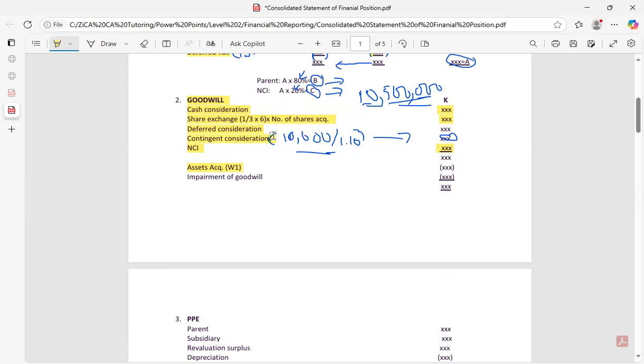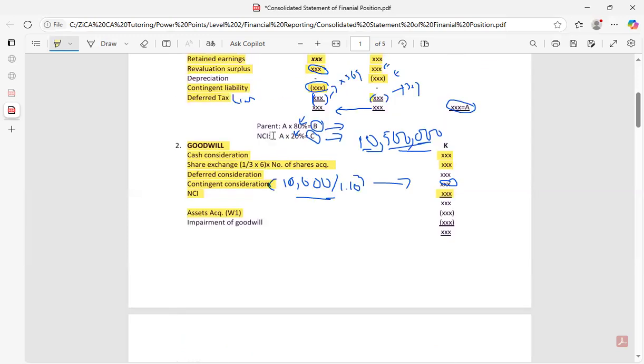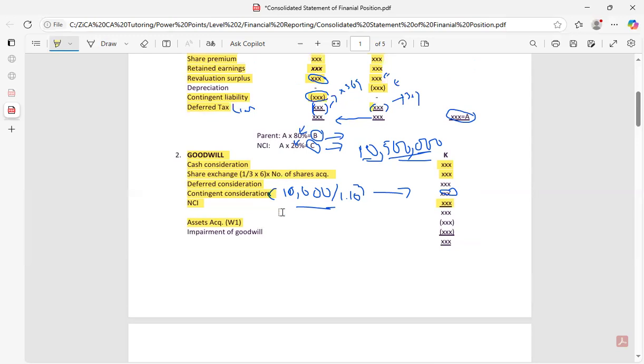There's what we call the full goodwill, right? Then there's also what we call the partial goodwill, or maybe the asset-based approach. So the full goodwill, which is the fair value approach, this is where you get the share price for the subsidiary, and then you multiply by the number of shares for the non-controlling interest.